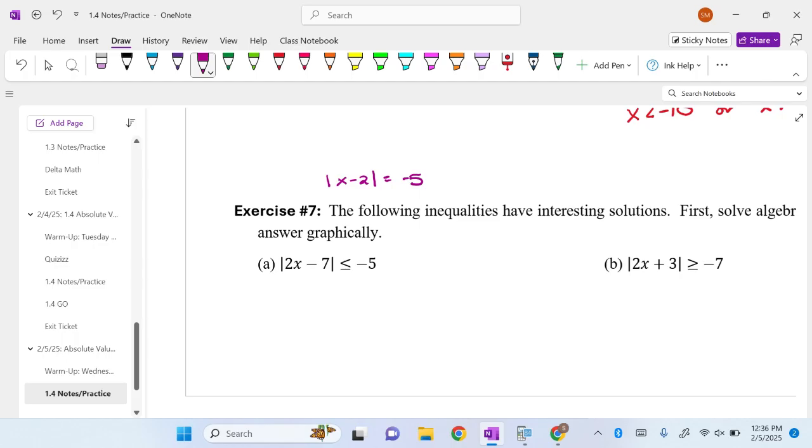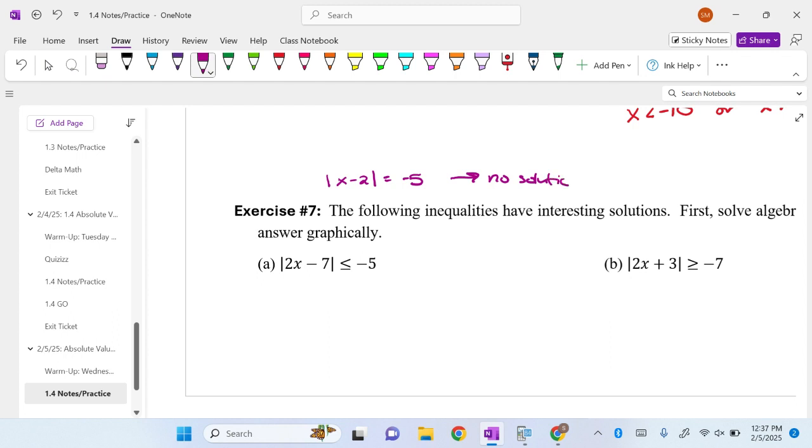So we don't even have to solve this because our solution would automatically be what? No solution. Why? What happens when you take the absolute value of anything? The number's positive. So is it possible to get a negative number when you take the absolute value of something? No. So this one's automatically no solution.